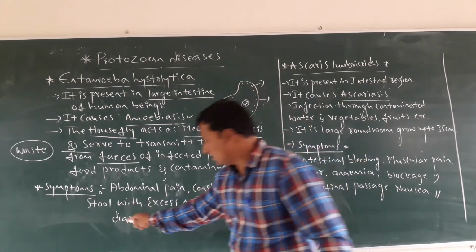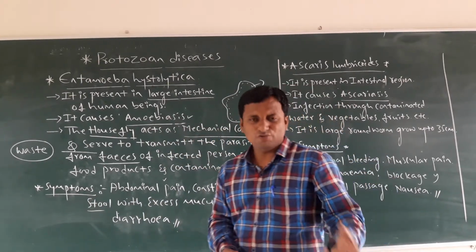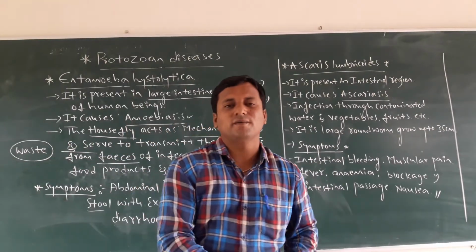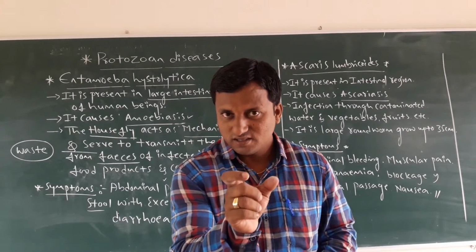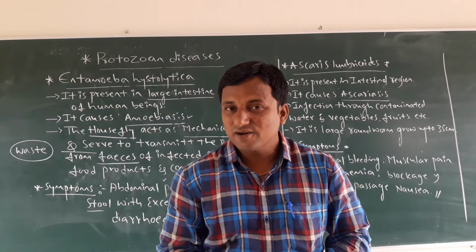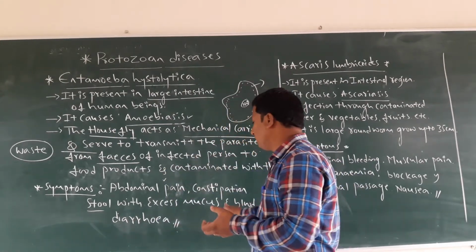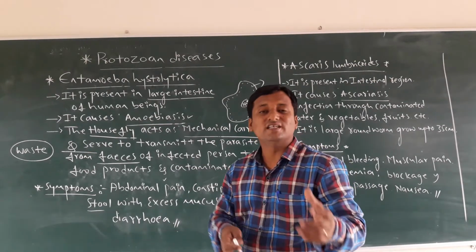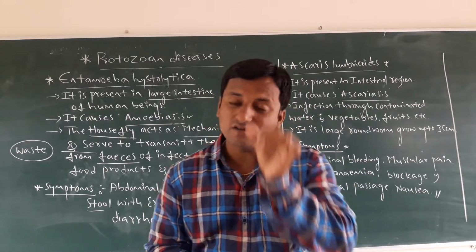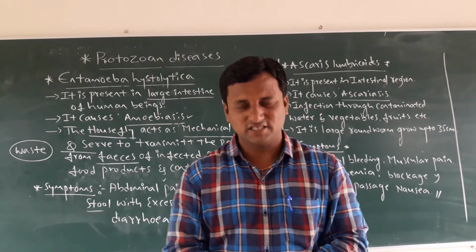Next, they give stool with excess mucus and blood. Stool is the waste material excreted from the body. That stool has excess yellow-colored liquid mucus, and then the blood. Both are released from the body. If it goes on continuously, it becomes a fatal, critical condition. Fatal means dangerous; it must be remembered.